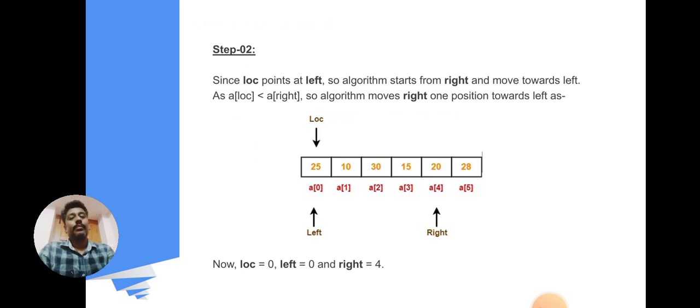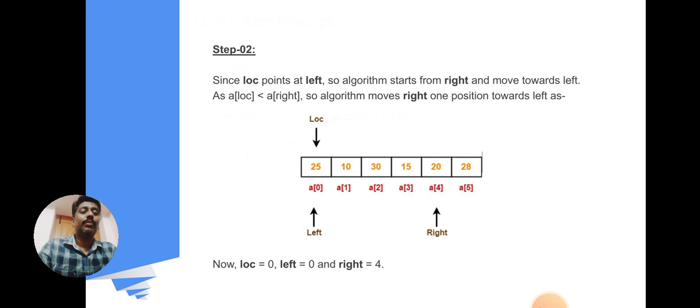By comparing A of location less than A of right, A of location means 25, A of right means 28, compared with the less than operator, then 25 is less than 28. The condition is true, so we move the right pointer one position to the left side.